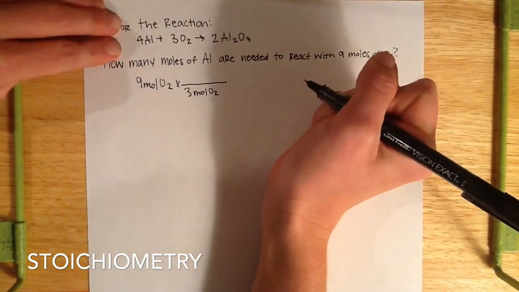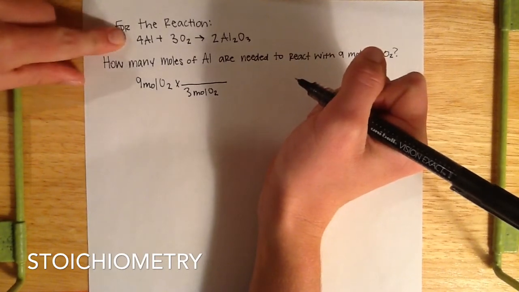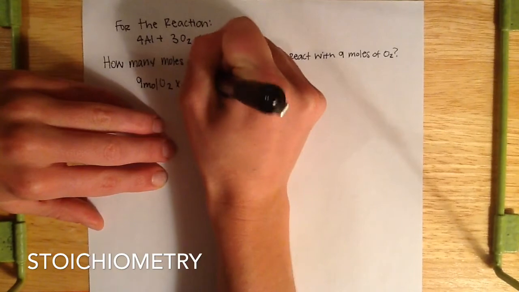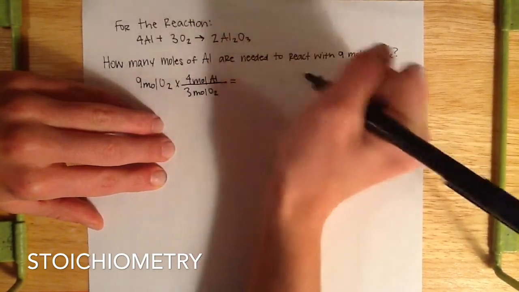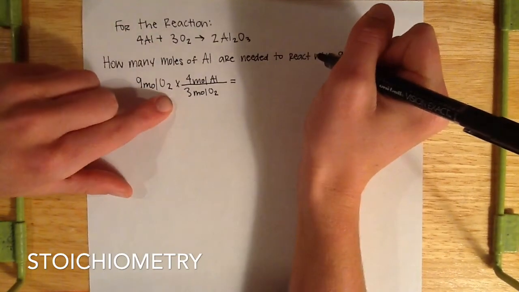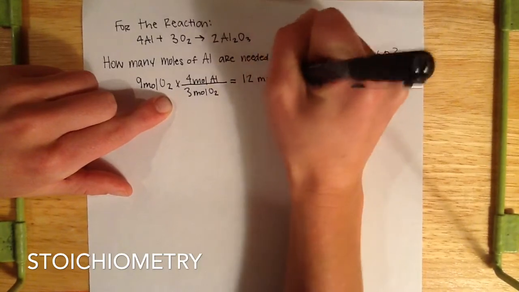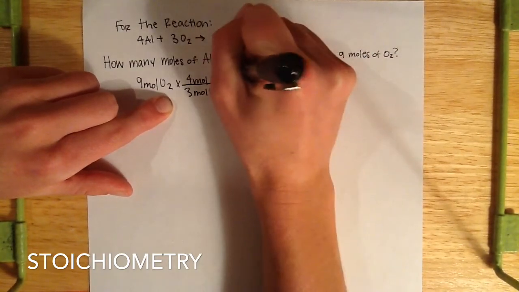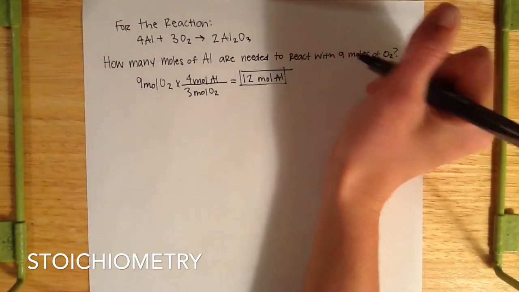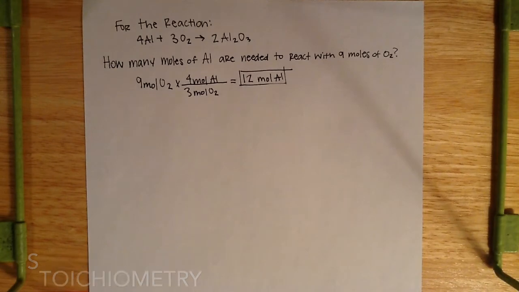And the substance that we are converting to is aluminum, and we have 4 moles of aluminum. And when you calculate this out, 9 times 4 divided by 3, you get 12 moles of aluminum. So that is our answer, and we know that you need 12 moles of aluminum to react with 9 moles of oxygen, and that is stoichiometry.